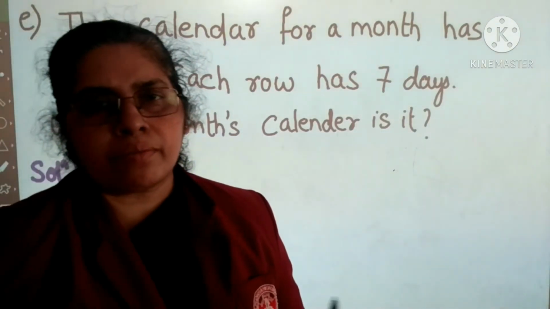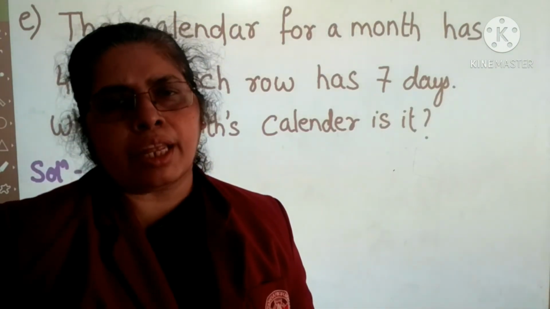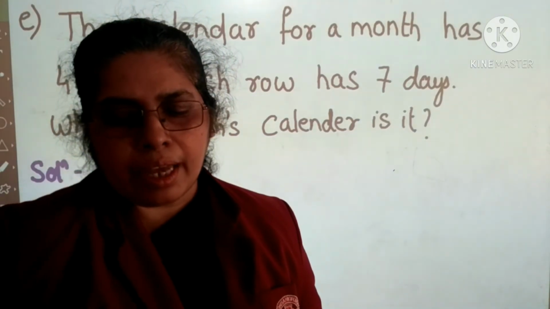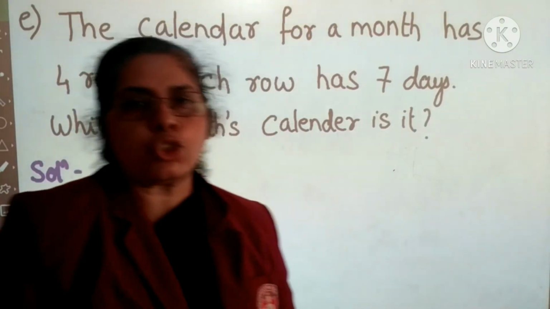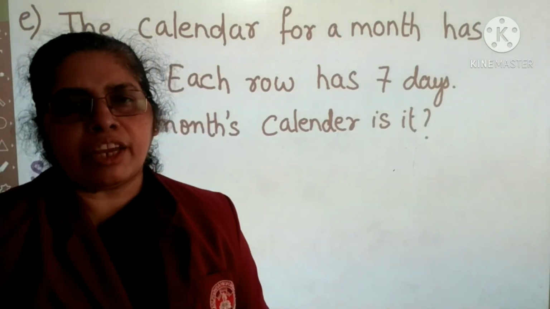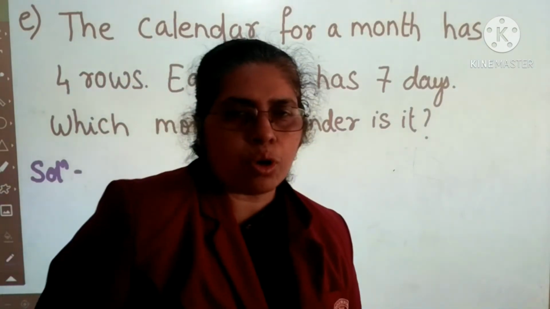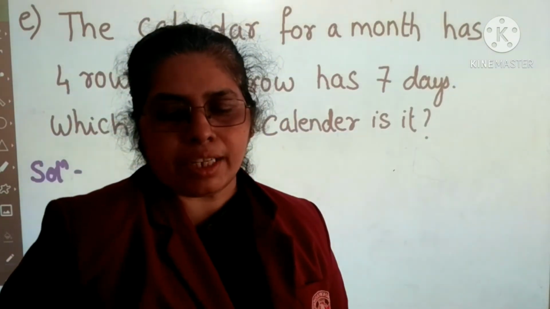In each month, a calendar has 4 or 5 rows. So, a calendar for a month has 4 rows and each row has 7 days. 7 days you have in a week.